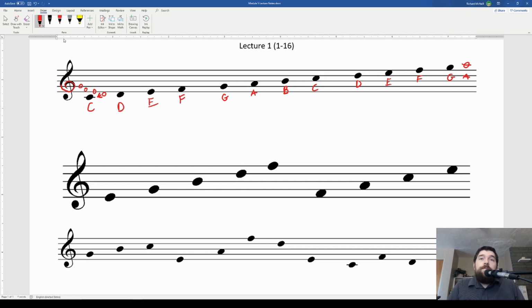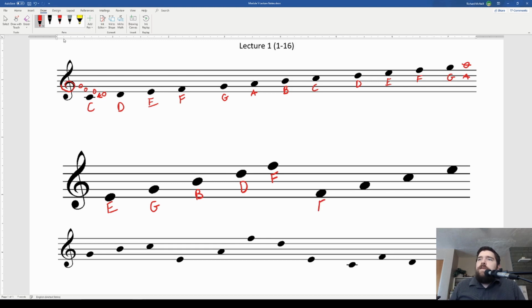Taking a look at this bottom line, this one is an E. We already figured it out from up above. There's our E. And then next up is a G. Next up is a B, D, and F. Okay, and if you want to double check, you can go back and forth between here and there to see exactly what the letter names are from what we figured out before.